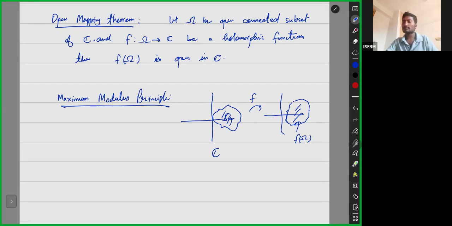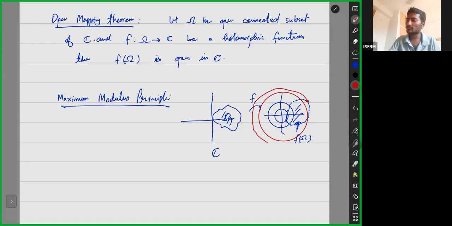So what happens? This is an open subset, right? And when modulus is maximum, you make circles with center at 0. You will find one point somewhere here. I want to make it bigger.